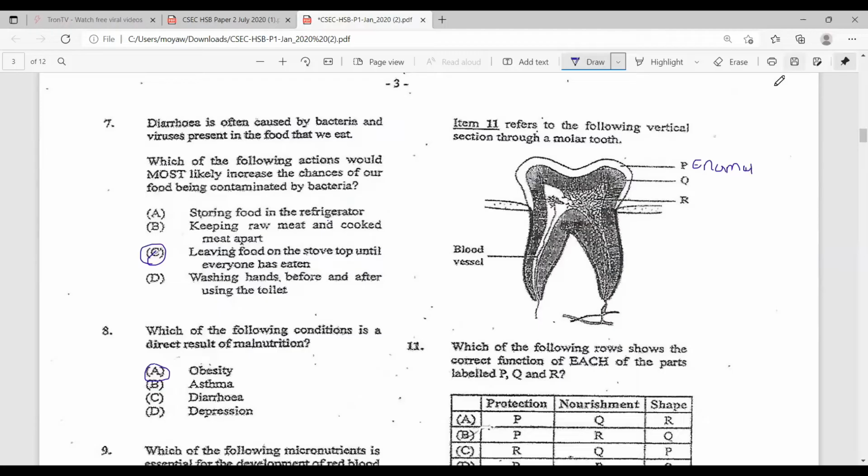So it's the enamel, while Q, students, is definitely the dentine.